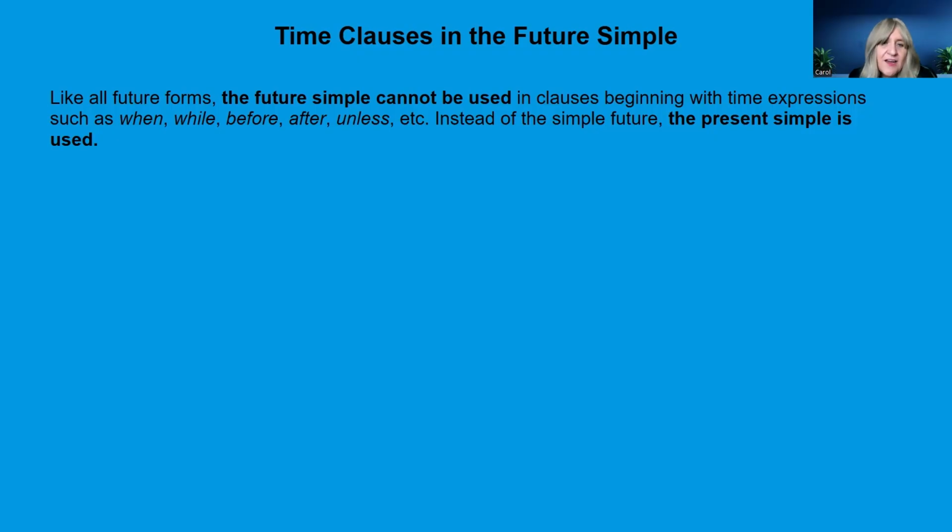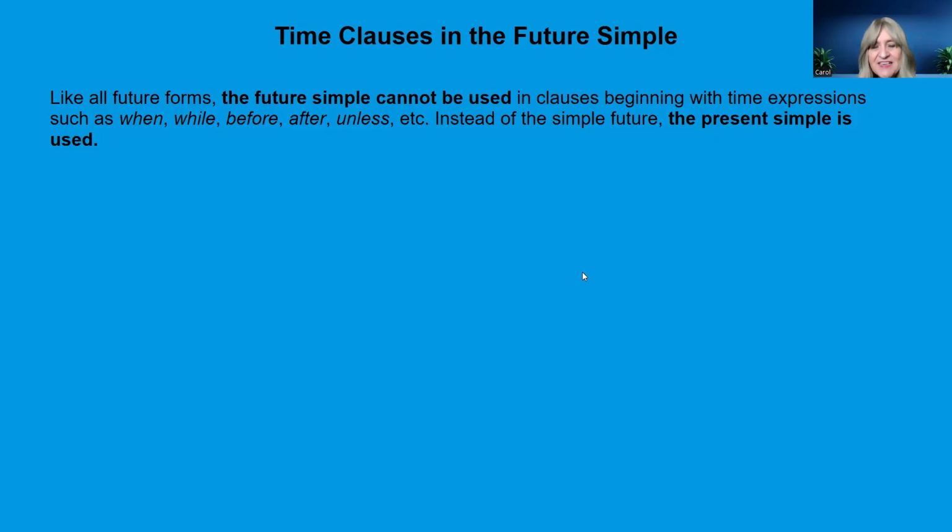When we use any time clauses like when, while, before, etc., we use the present simple. I know that this can be a little bit confusing, to use the present simple to express the future. But this is one of those confusing rules that we have in English. So remember, using one of the time clauses, we must use the present simple.